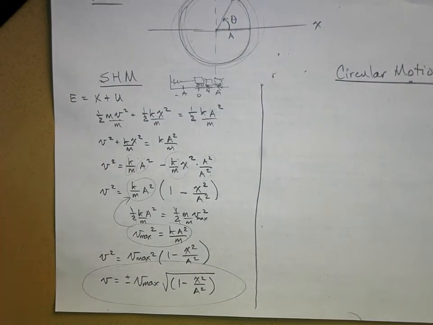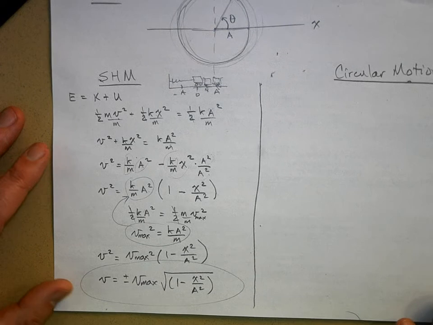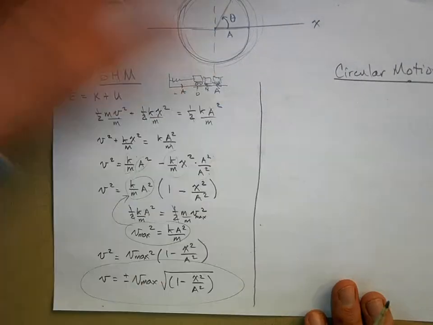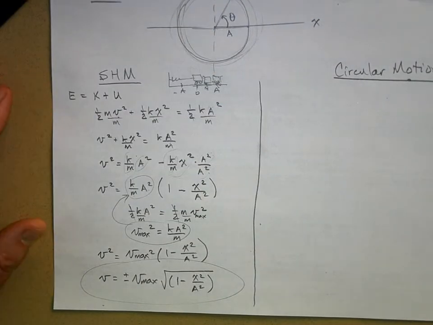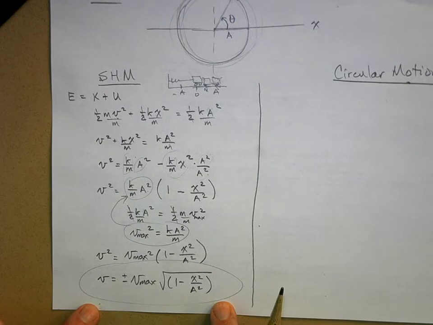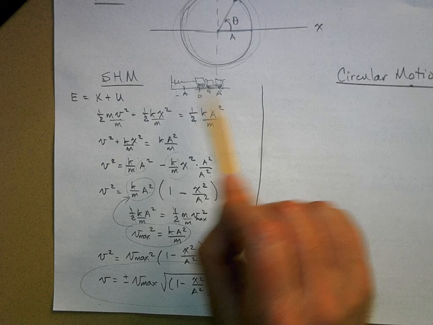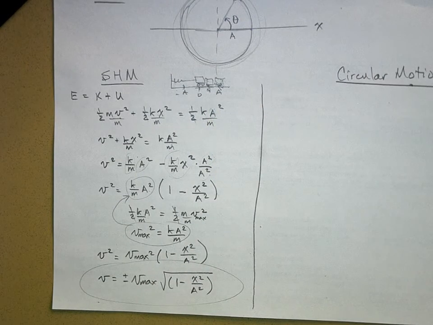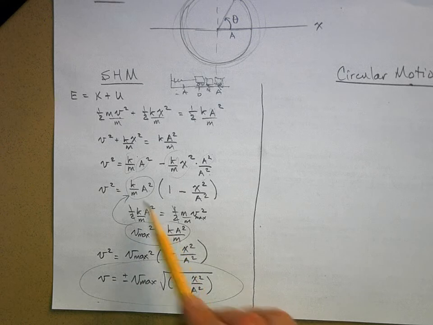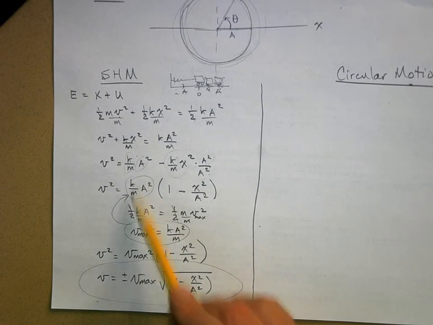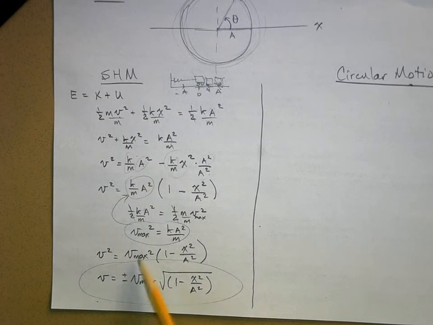That wasn't so bad, I hope. That's what I was trying to do in class when I totally messed it up. So we can use this to figure out how fast our simple harmonic oscillator is going in terms of, well, I could just have left k over m a squared in there, or in terms of the maximum velocity. So that's a useful little equation.